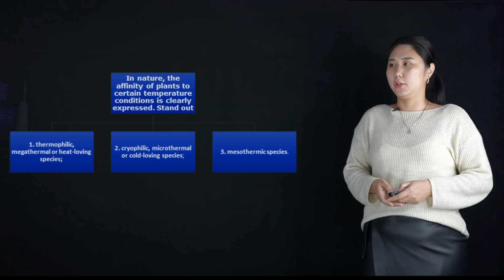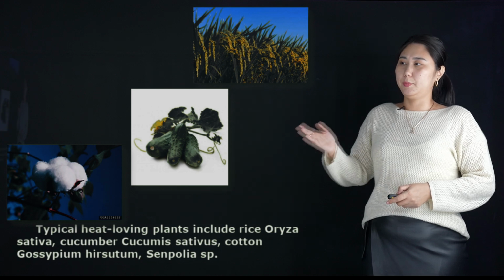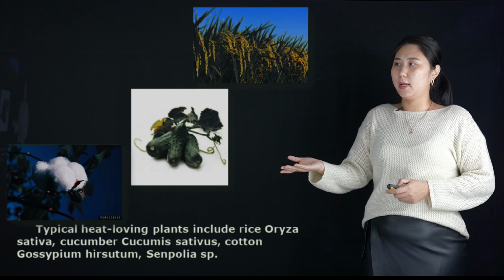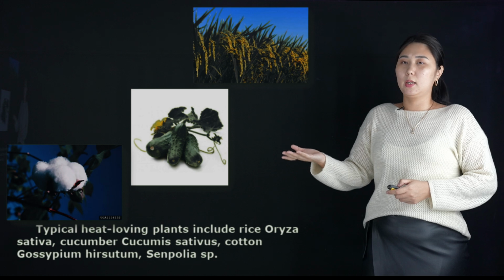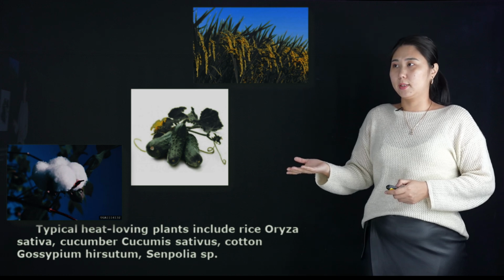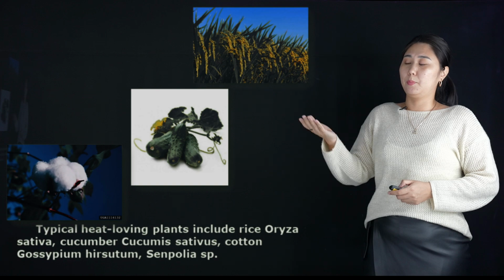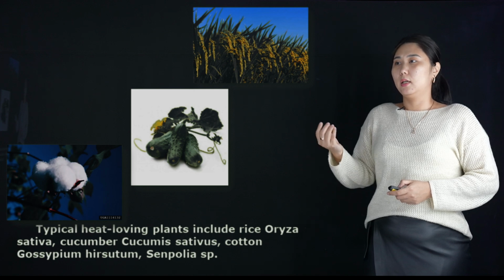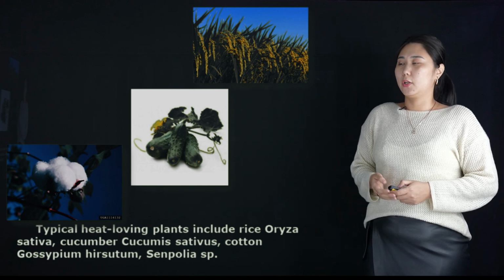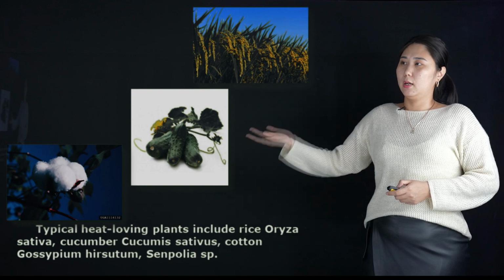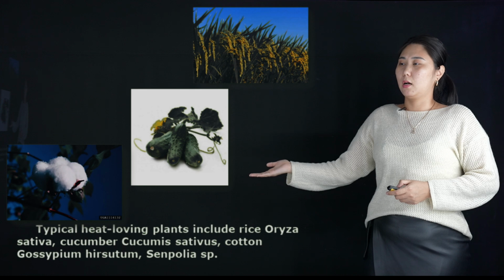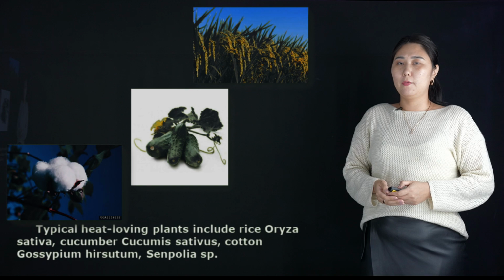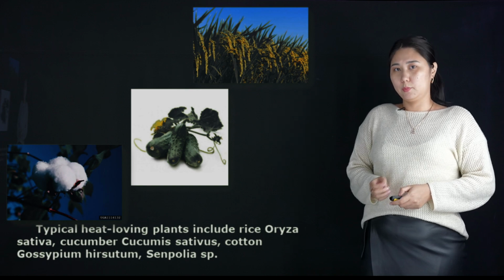In this picture, I give you examples of these plants. The first type is typical heat-loving plants. These plants, which you see, love heat and warm temperature. For example, cucumber, rice, and cotton.